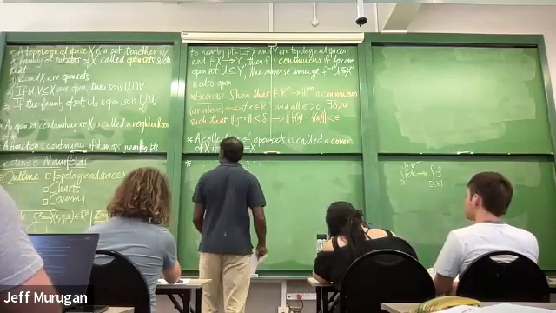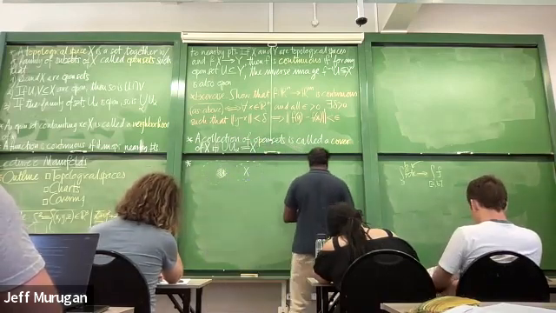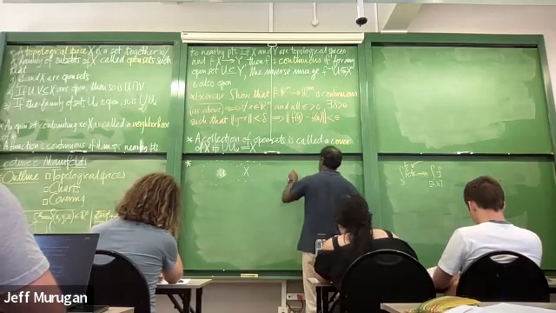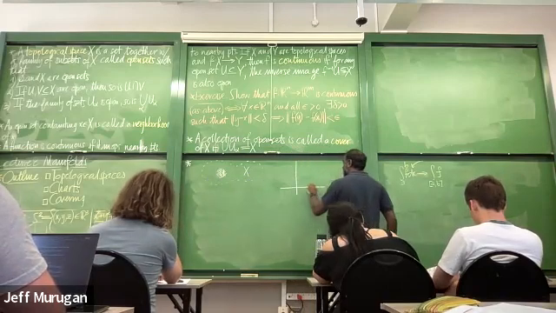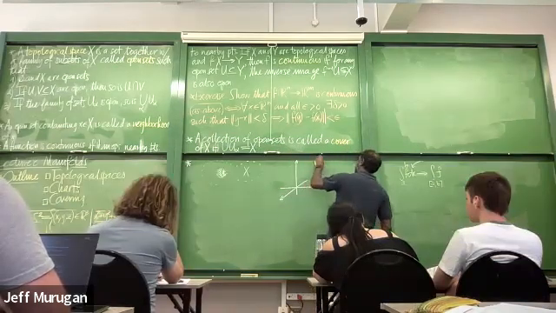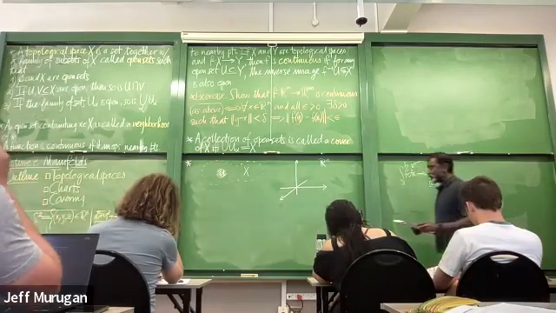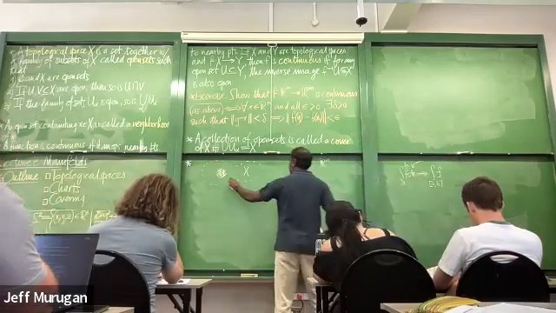From this subset, I can define a function that takes me between U and R to the n. Let's call that phi.